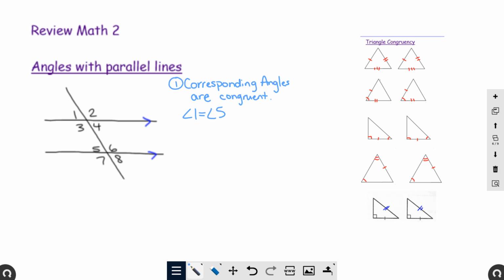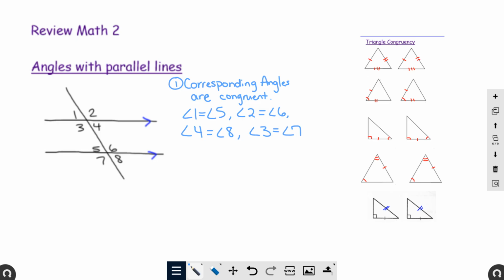So what's another pair? 2 and 6. What's another pair? And last? Good. So there are 4 sets of corresponding angles, and they are congruent.